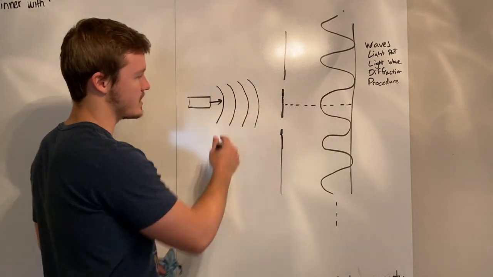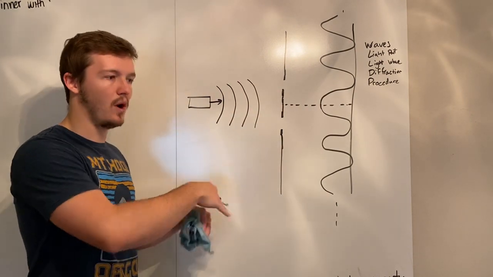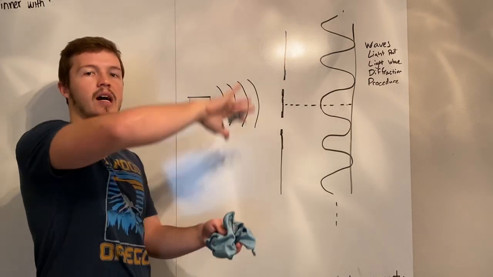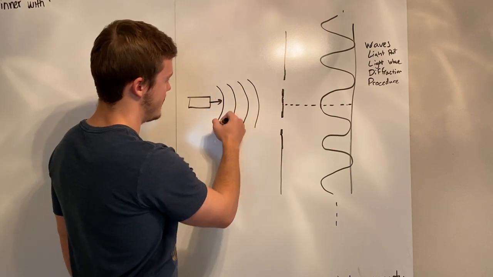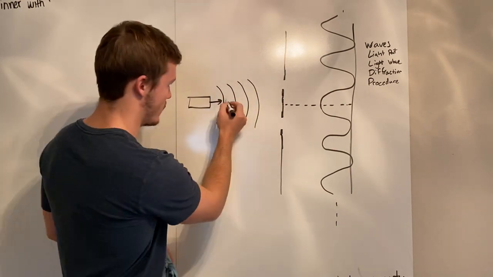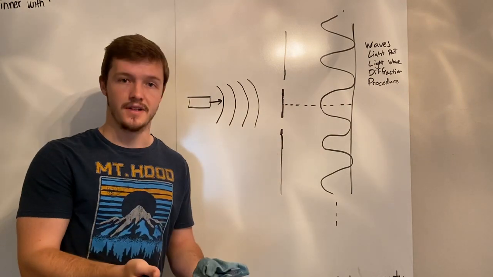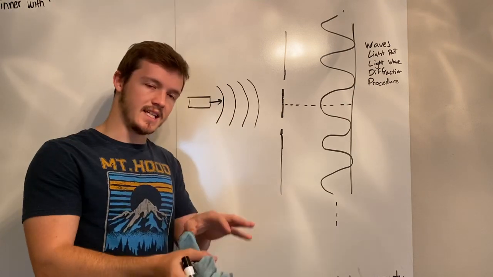Now, what's actually waving here, as opposed to compare and contrast with the water waves that we talked about earlier, where that's literally the water molecules going up and down in space, these, where I've drawn lines, correspond to peaks, and where I haven't drawn lines, they correspond to troughs of an electric field. Really, it's an electric field and a magnetic field tied together, but we don't need to get into that.